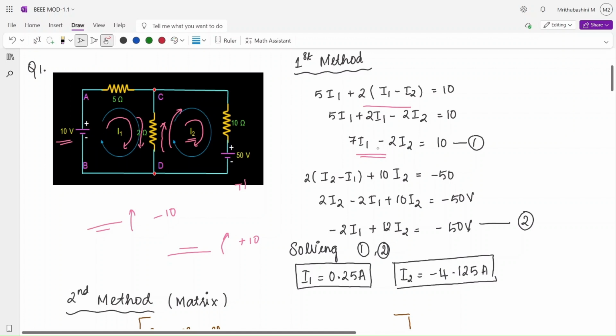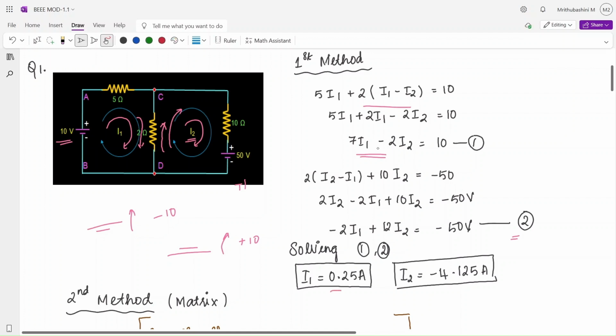So it's 2 into I2 minus I1 plus 10 into I2. Here from positive to negative, so it's plus 50, equal to 0. If you solve this by grouping I1 and I2 together, you will get the second equation. Just solve these two equations in the calculator and you will get I1 and I2.